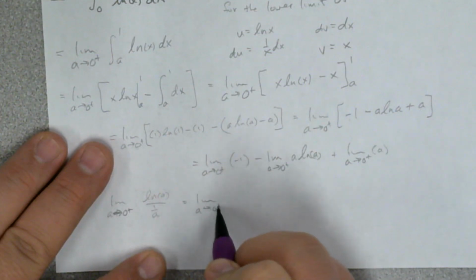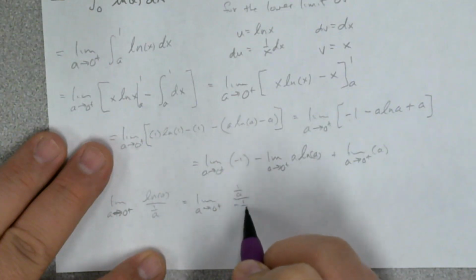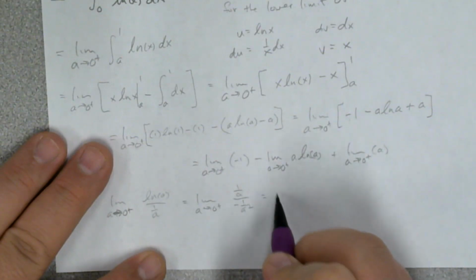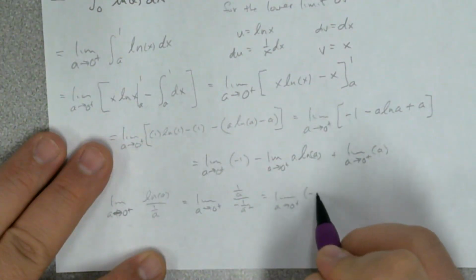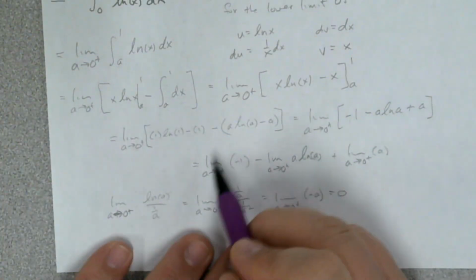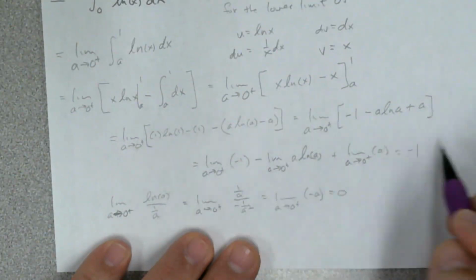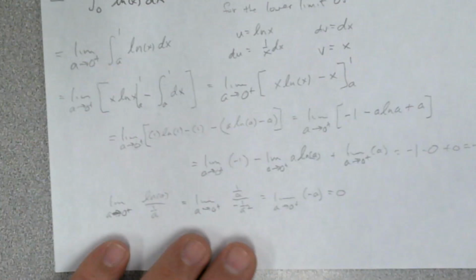As a goes to 0 plus, this is going to be 1 over a over negative 1 over a squared, which is the limit as a goes to 0 plus. Clean this up, gives me simply negative a. So this will be 0. So this quantity right here is negative 1. This will be minus 0. This will be plus 0. Negative 1 is our final answer here, and so we know that this is going to converge.